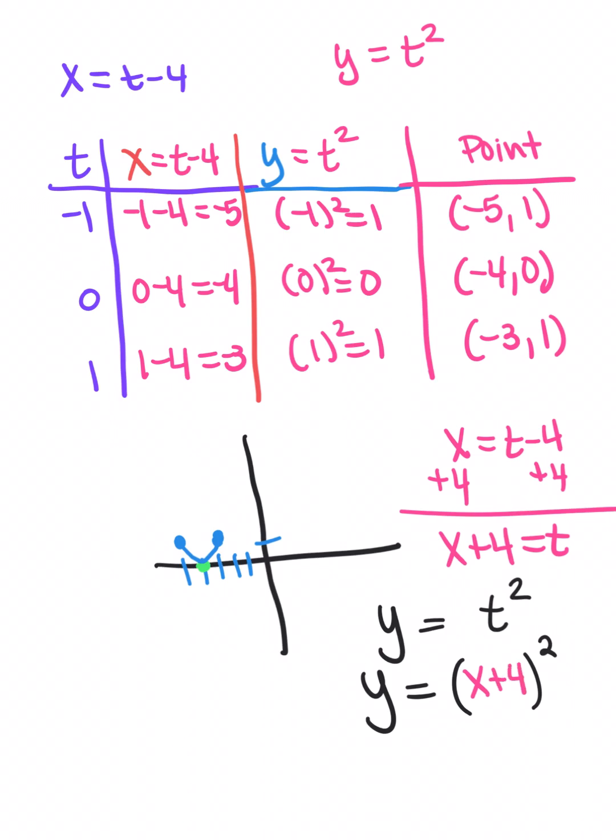So here my equation is y equals quantity x plus 4 squared, where x is in between negative 5 and negative 3. So the interval here will be between negative 5 and negative 3. Make sure you're using the x values to write your domain.